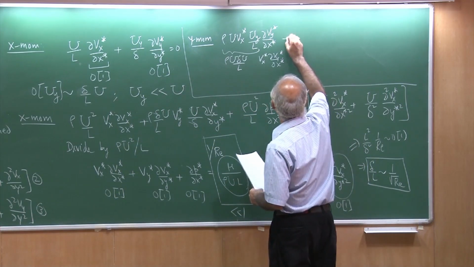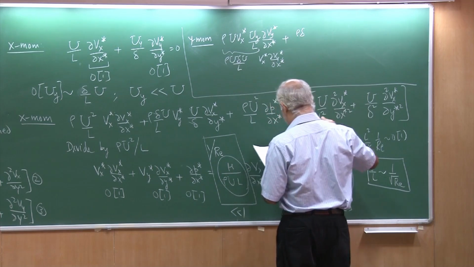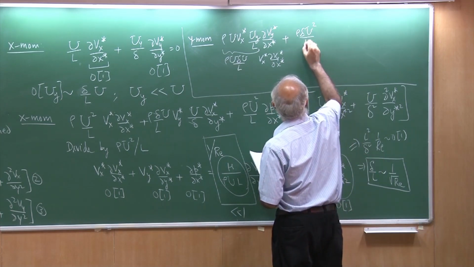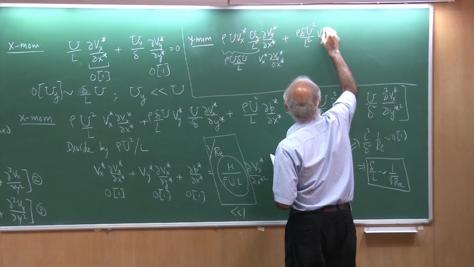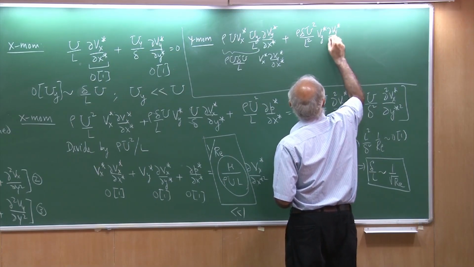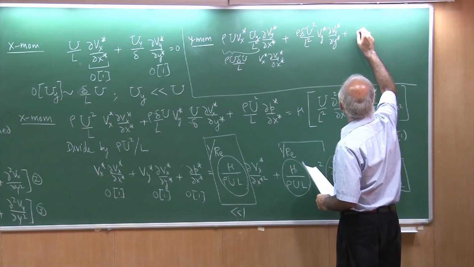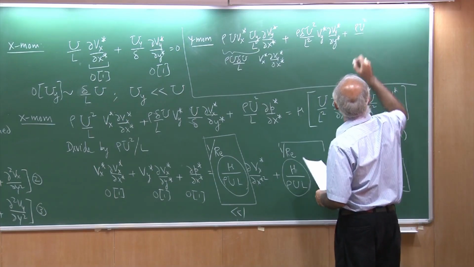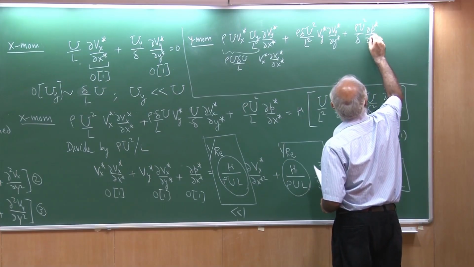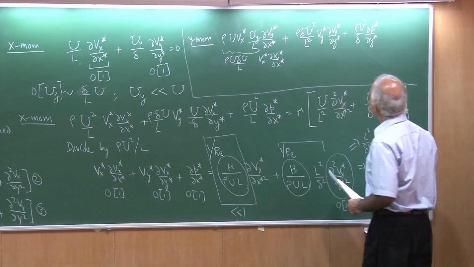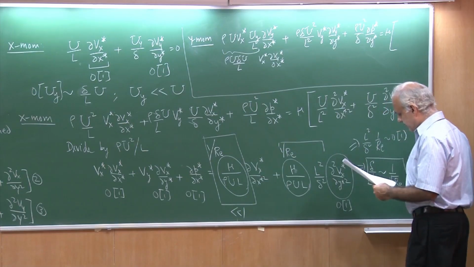And then the next term would be plus rho delta u square by L square Vy star del Vy star by del y star. For the pressure term, I am going to get rho u square by L by delta actually, because now I have del P star by del y star. And then I have to write down the viscous terms.